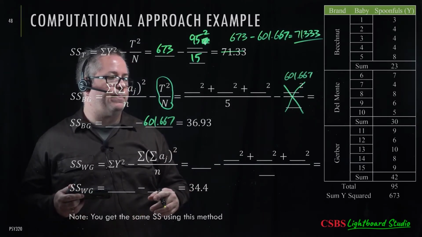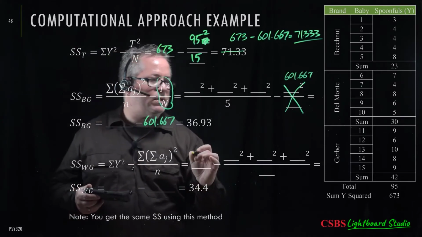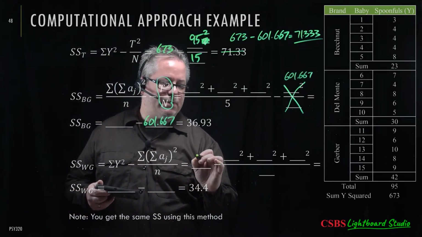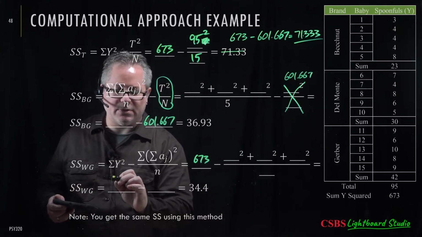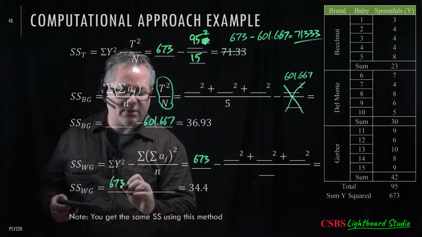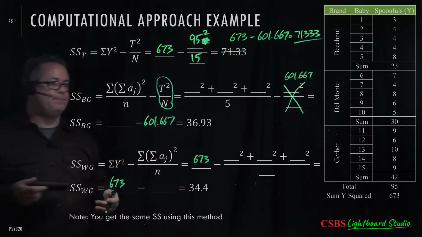Already done. I also know that down here, I already have the sum of y squared, so I know that this is 673. So I can shove this here too. 673 goes in there, right? So all those pieces I don't have to even solve anymore.